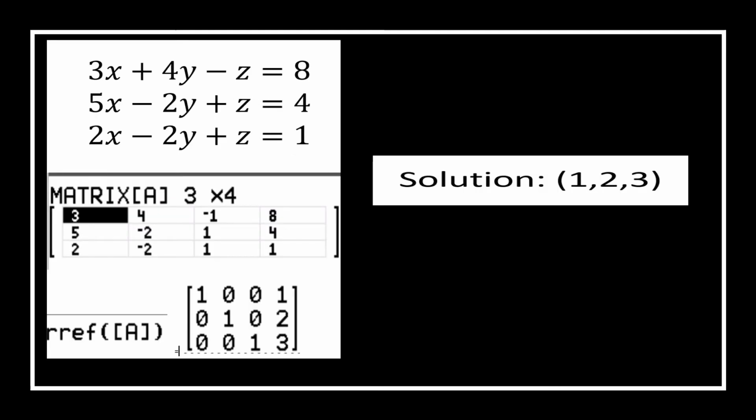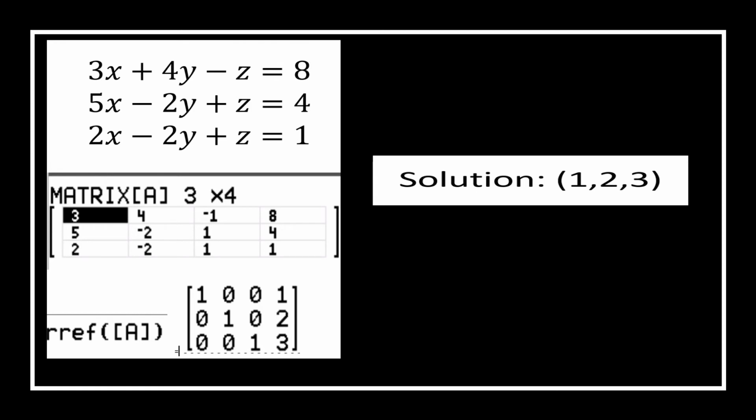For the same system, we can check whether that (1, 2, 3) is a solution by creating a 3 by 4 matrix with those coefficients 3, 4, negative 1, 8, 5, negative 2, 1, 4, 2, negative 2, 1, 1. This is created using the coefficients of x, y, z and the constants on our right hand side.